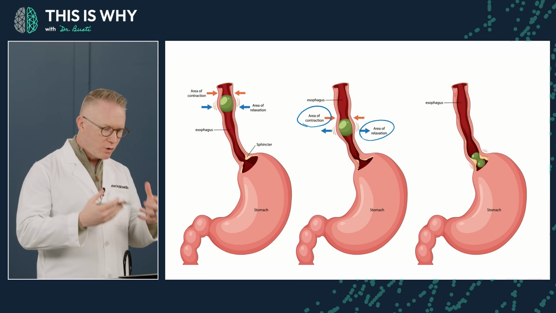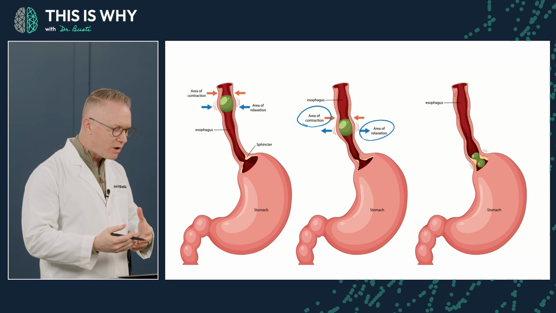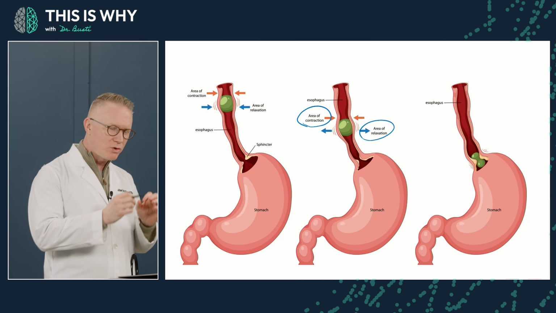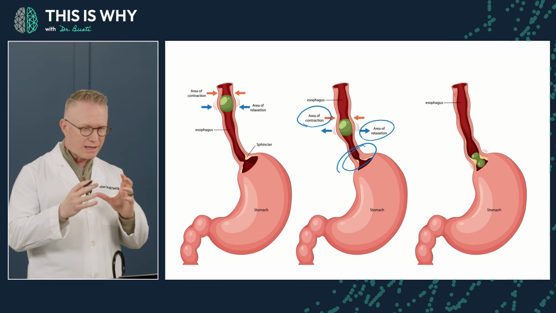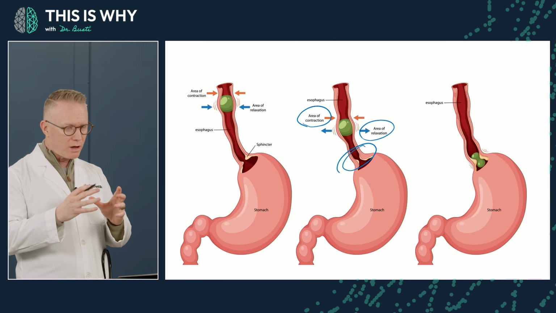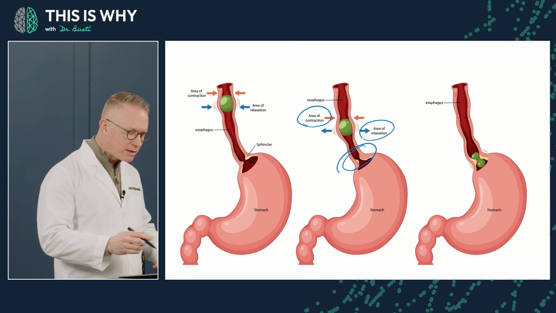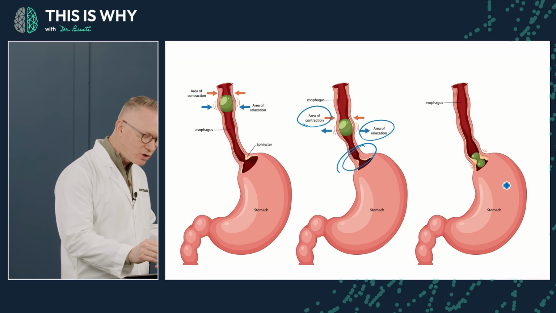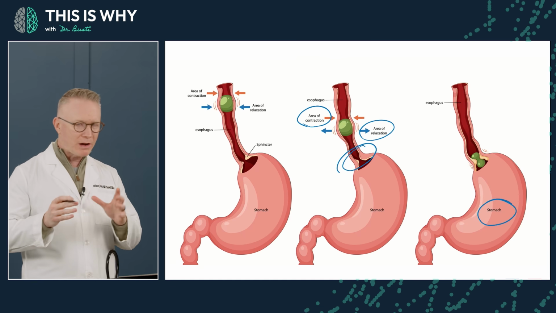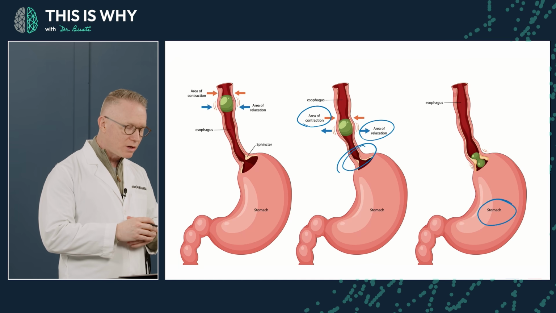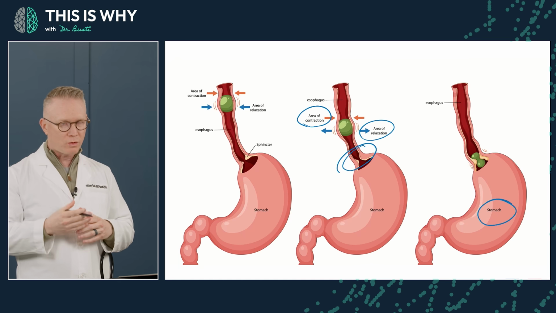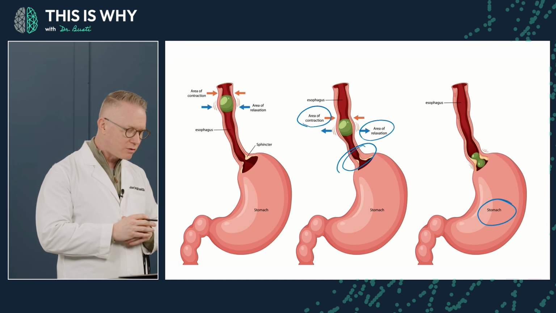So as the food goes down, it's continuing to go down, and as it passes through the lower esophageal sphincter right here, which is really at the entrance and through the diaphragm at that point, it then enters into the stomach. But that peristaltic movement is important. Remember, that's that portion that's under autonomic control, whereas the upper portion, oropharyngeal, is under musculoskeletal control.